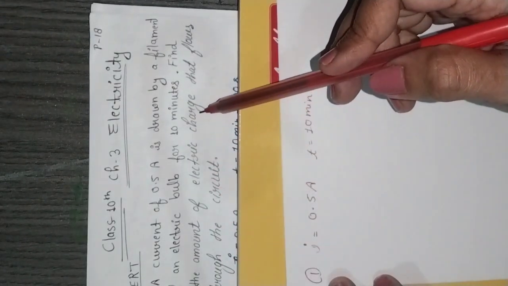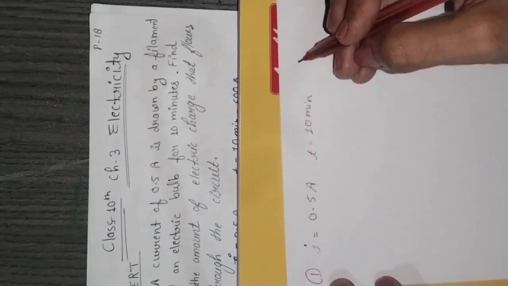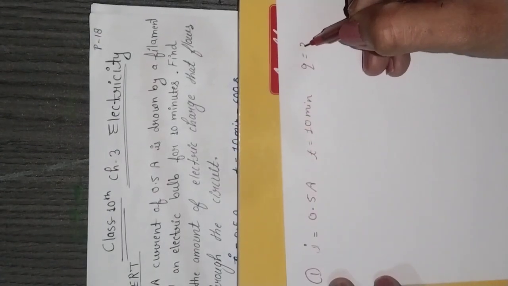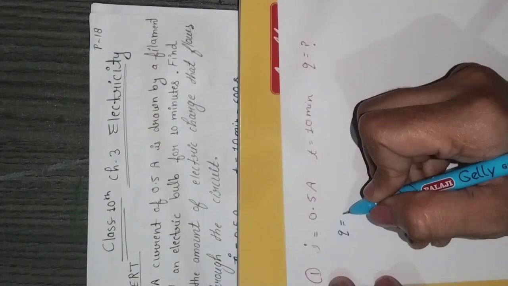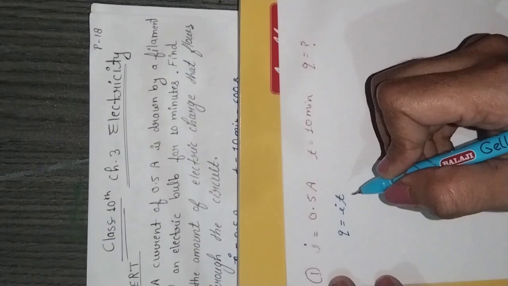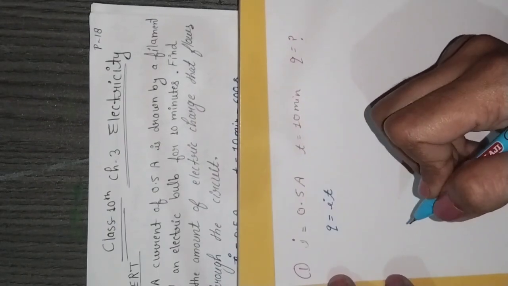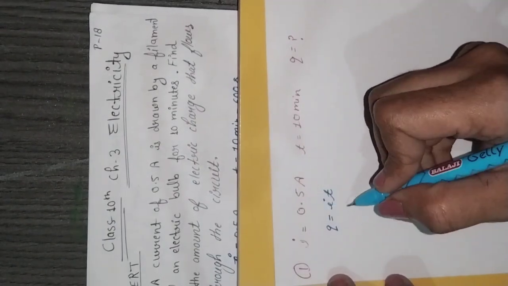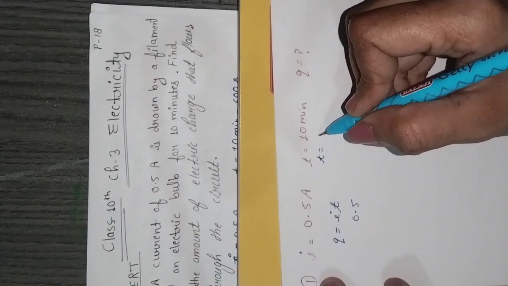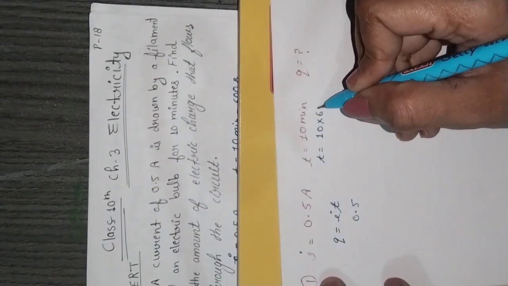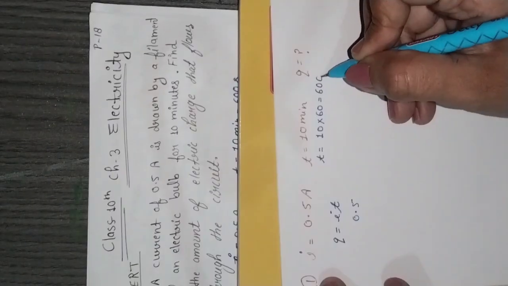Find the amount of electric charge that flows through the circuit and Q is asked. Q आपको find करना है. Q is the electric charge. So what is the formula of Q? Q is equals to IT and I is the 0.5 and in seconds T will be 10 into 60, that is 600.